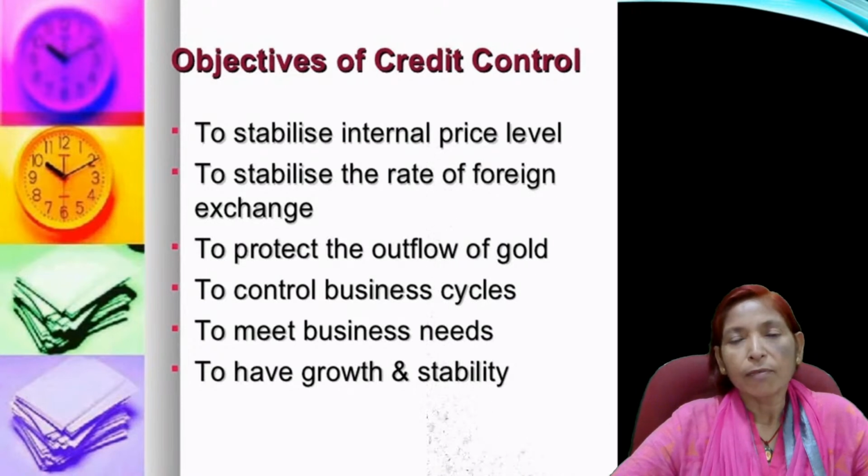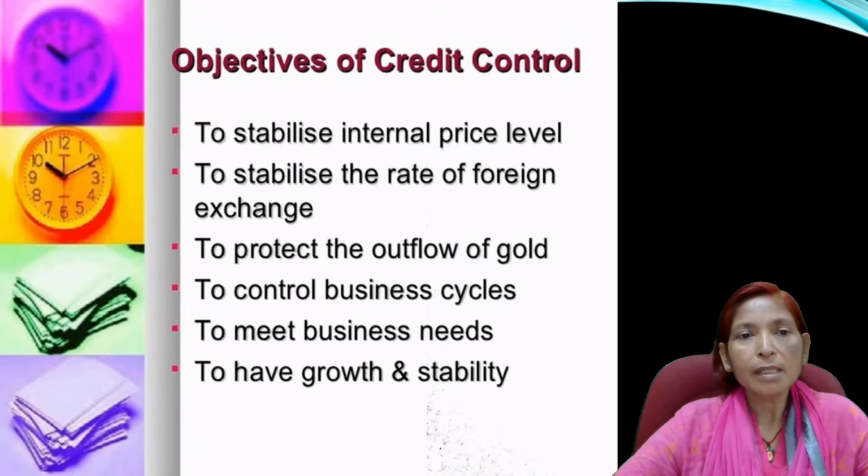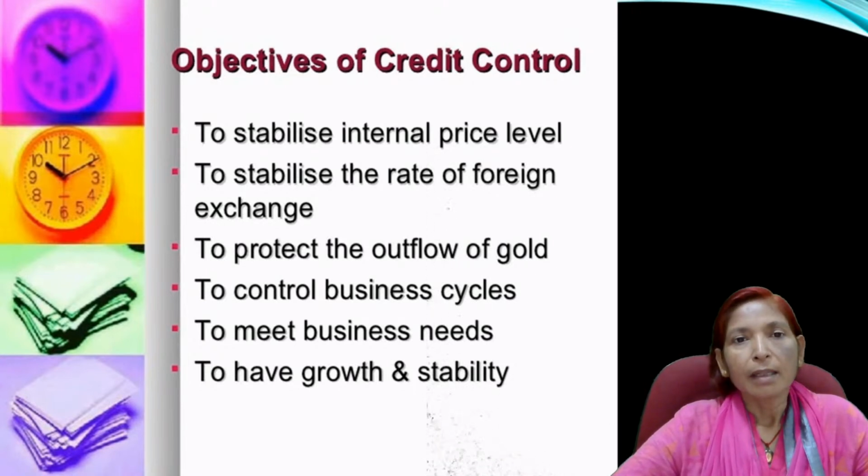It means if we want to achieve all these set targets, then we can achieve them with the help of the credit control policy which is adopted by the Government of India.